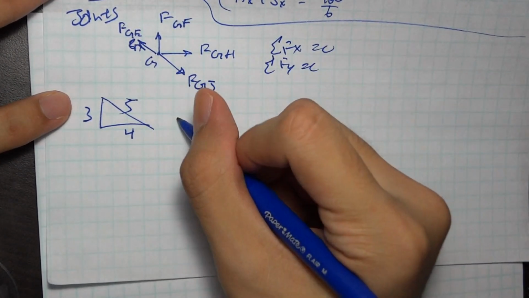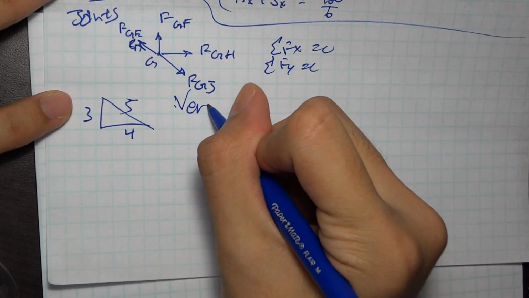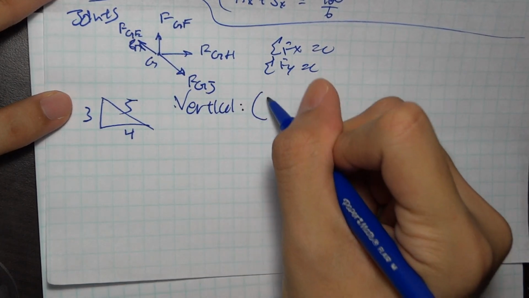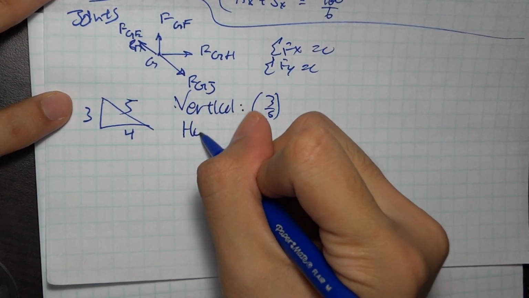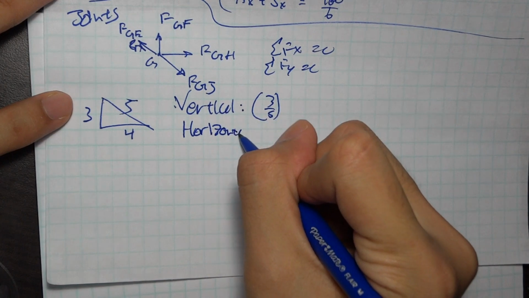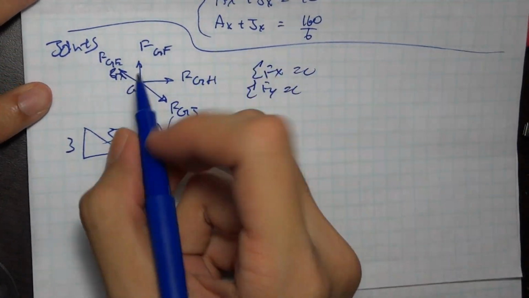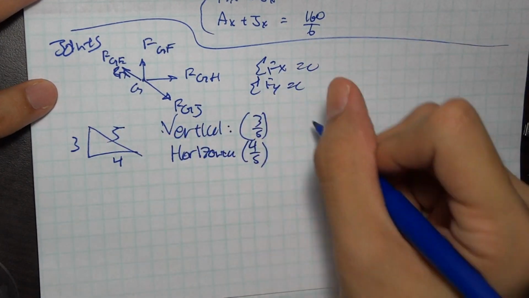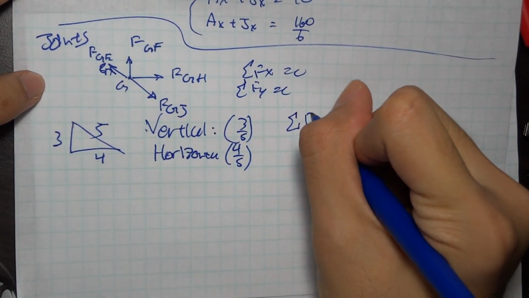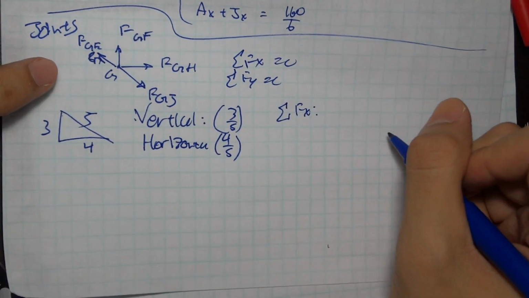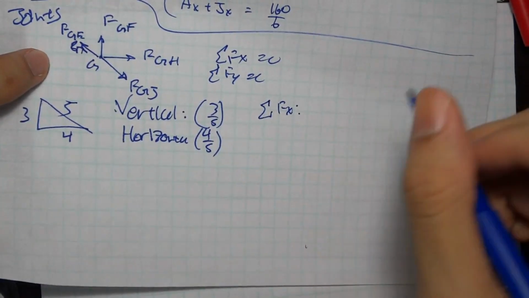So whenever we're interested in a vertical component, we'll multiply by 3/5. If we're interested in a horizontal, we multiply by 4/5. And where does this come into play? For example, let's do sum of Fx first. Here we are interested in the horizontal components of all our members.